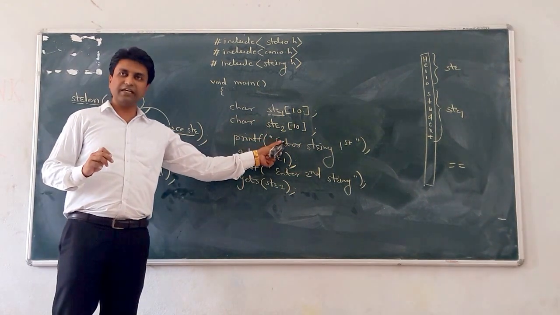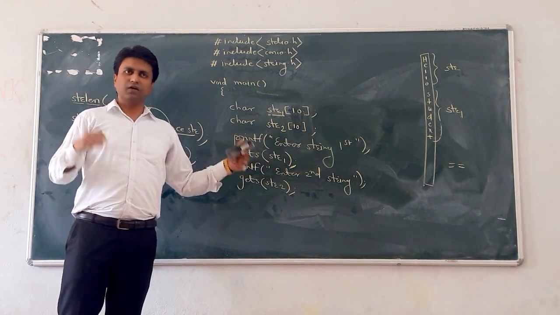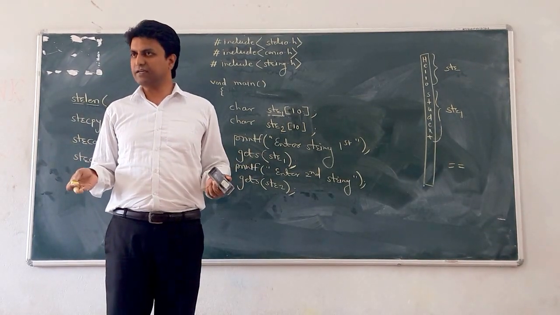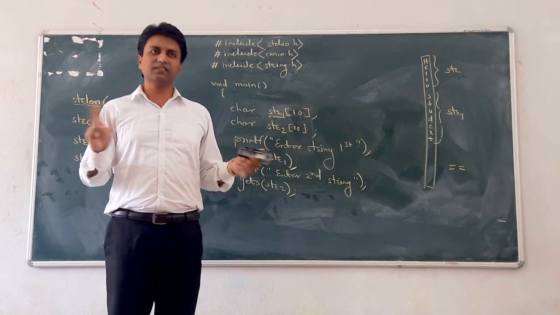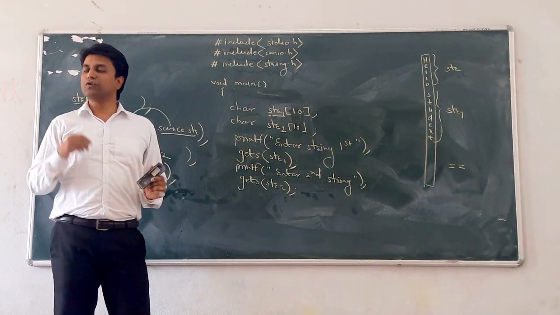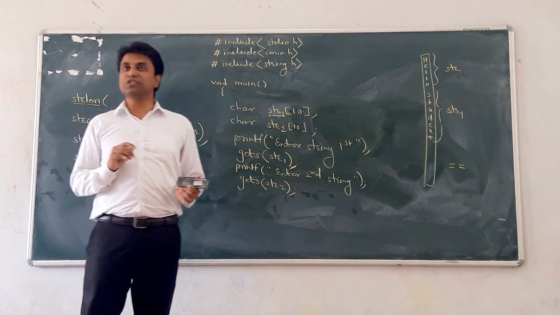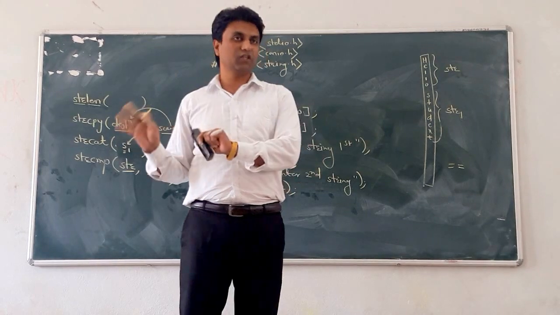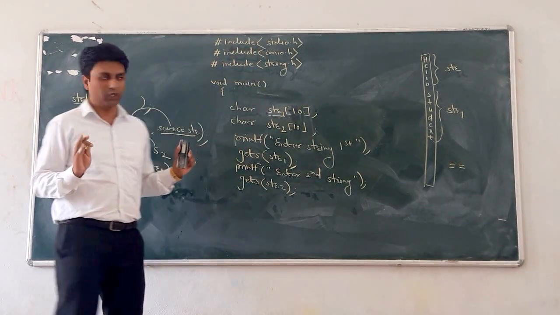First string that is entered by user in str1. User enters whatever may be string. We don't know, we cannot predict it. Okay, at the runtime user enters any string. Okay, in str1 and str2. So next string, compare that two strings and give the result whether that two strings are equal or not. That is our end.